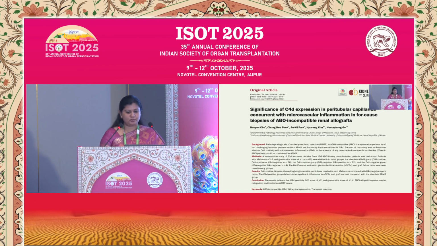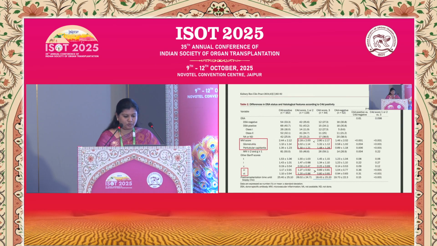A recent study also tells us, they studied C4D expression in peritubular capillaries in those cases where microvascular inflammation was present, and these were for-cause biopsies. They divided the cases into three groups: C4D negative, focal positive, and diffuse positive. By this table, I just want to show that the cases which had diffuse positivity for C4D also showed higher MVI scores, or vice versa, higher MVI correlated with diffuse C4D positivity.